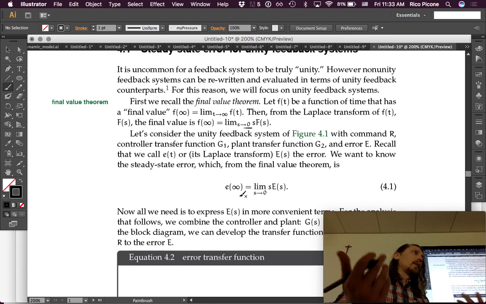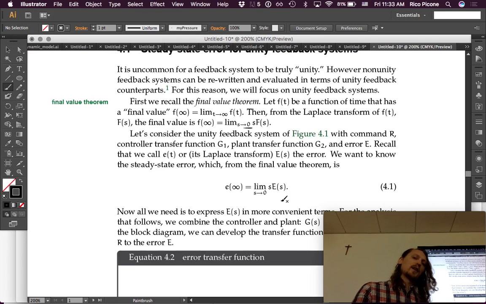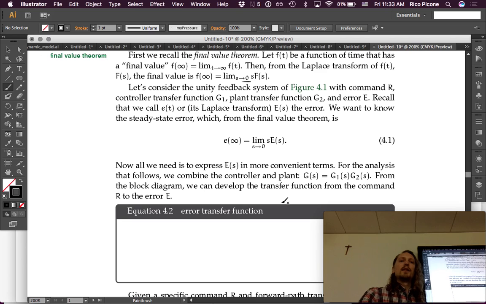It's a function of time, so we take the limit as time goes to infinity. But since we just remembered the final value theorem, it says if you want to know what some function of time is at infinity, its final value, you just take the limit as s goes to 0 of s times the Laplace transform of the time domain function, so E of s. Now, all we need is to express E of s in more convenient terms.